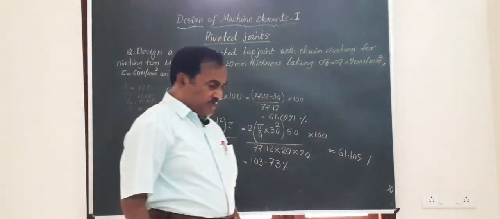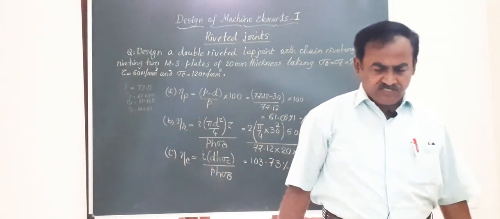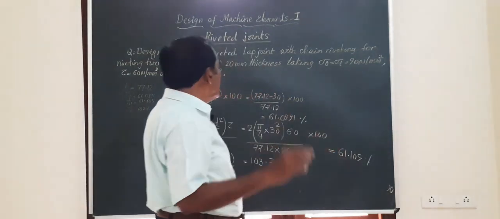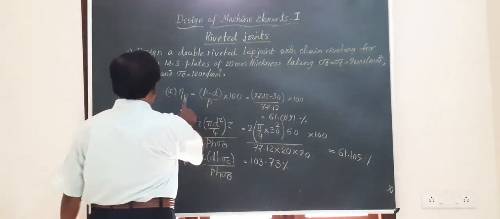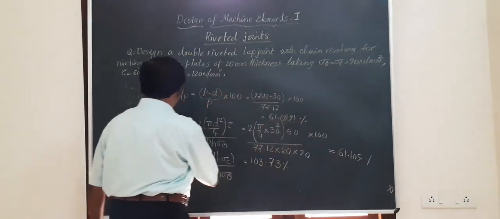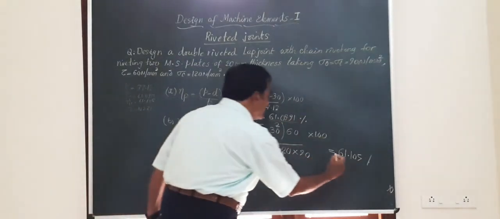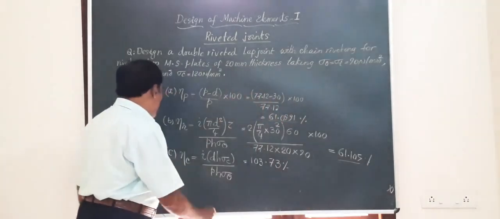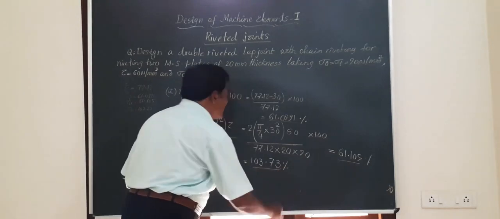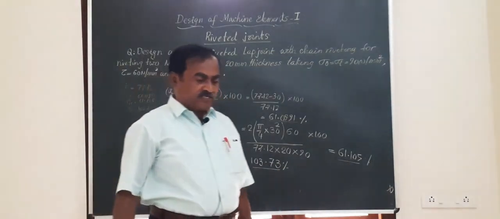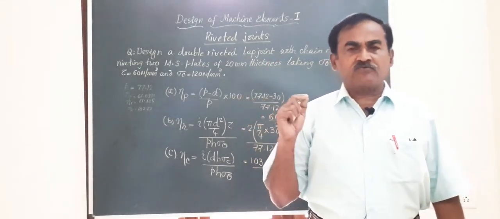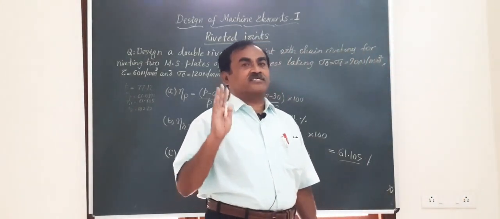Friends, for the given plate thickness and the diameter of the rivet used, we are able to calculate three efficiencies. One is the efficiency of the plate, eta P, 61.0991, the efficiency of the rivet, eta R, is 61.105, and eta C, the efficiency in crushing, is 103.73. Friends, you should know by this time that the least of these three values of efficiencies is the efficiency of the joint.